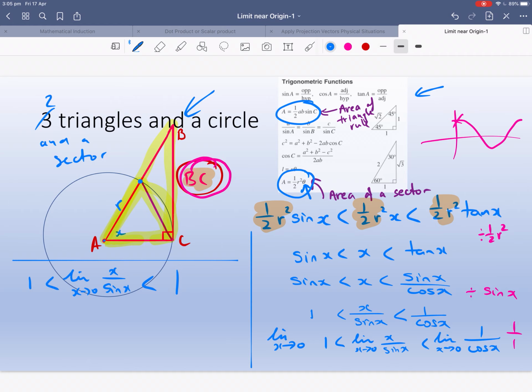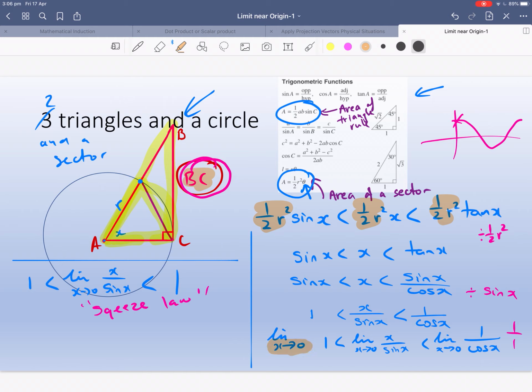Now, this is interesting. This is called squeeze law. What's happening is that this thing in here is in between, is greater than 1, but less than 1. Now, we're talking about a specific case. It's when the limit approaches 0.